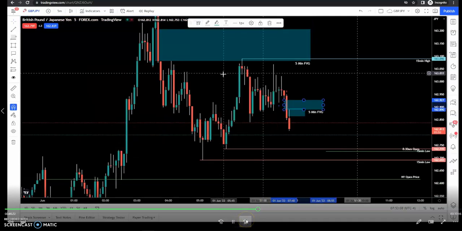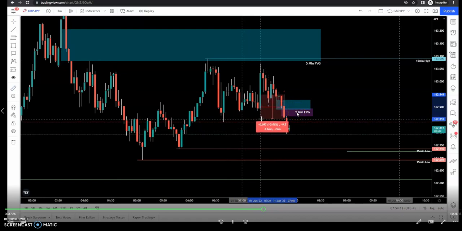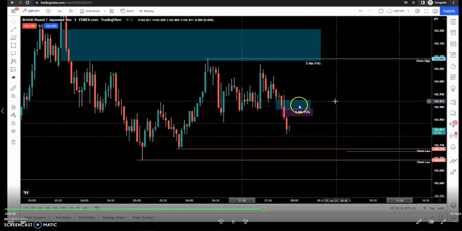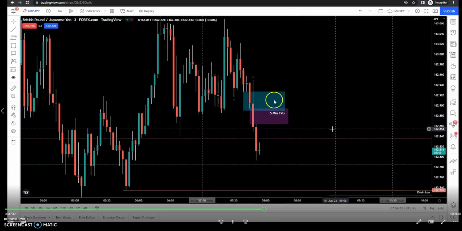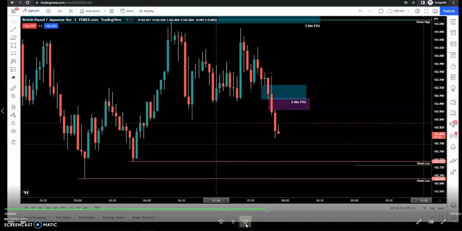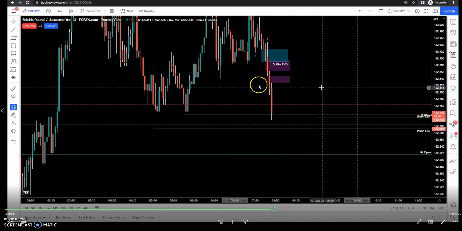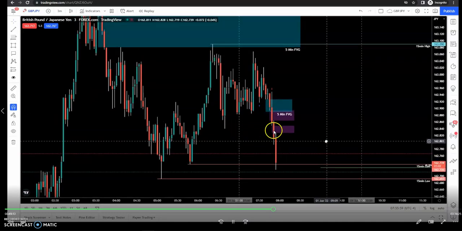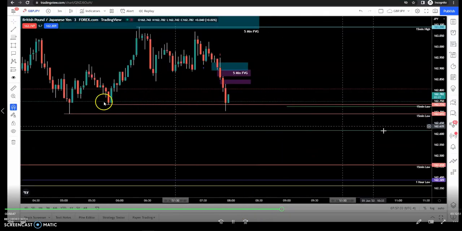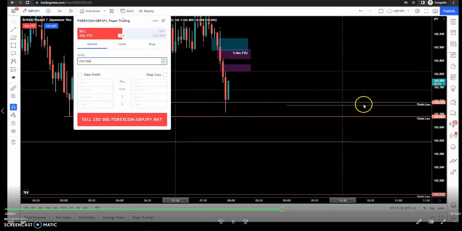If I move along, the purple just denotes the 3-minute fair value gap, and the blue colour box denotes the 5-minute fair value gap. So I've got two 3-minute fair value gaps, thinking I would enter here and here, and as you can see up here, the 15-minute low gets taken out.